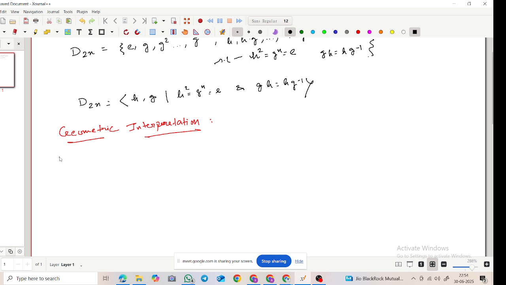So here we are taking an n-gon, a regular n-gon.